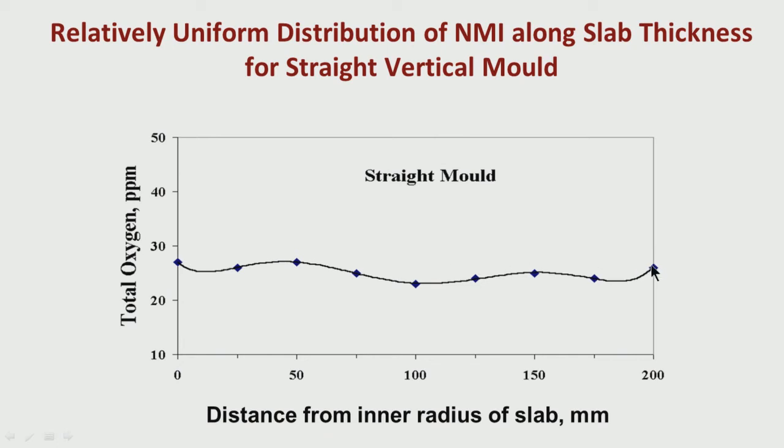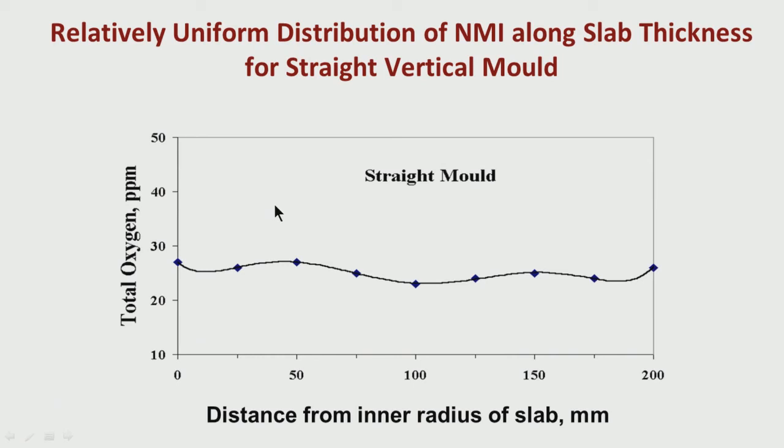Throughout the thickness we wanted to see the distribution of cleanliness, the distribution of non-metallic inclusions. Total oxygen gave an indication that for a straight vertical mold, from the inner radius area to the outer radius area, inclusions are more or less uniformly distributed.